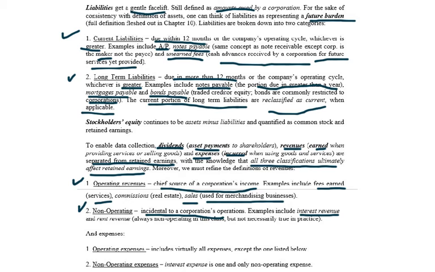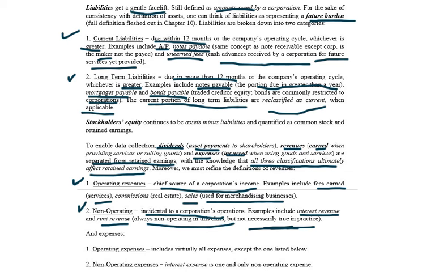Interest revenue and rent revenue will always be non-operating in this class, but it's not necessarily true in practice. Why? Well, just think about it for a moment. Interest revenue would be a primary operating source of revenue to any lending institution, because that's how they make some of their money. They loan individuals and businesses money, and part of that loan entails paying interest on it. So that would be revenue to them. So that would be operating, definitely.